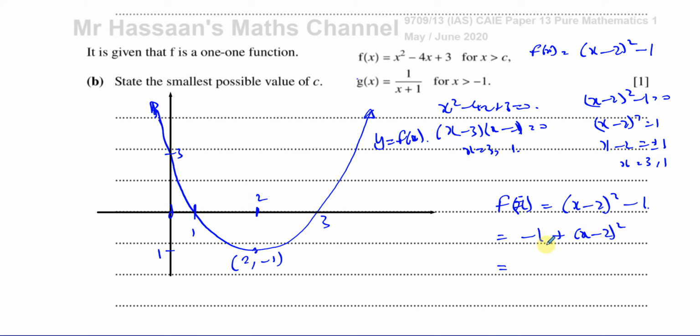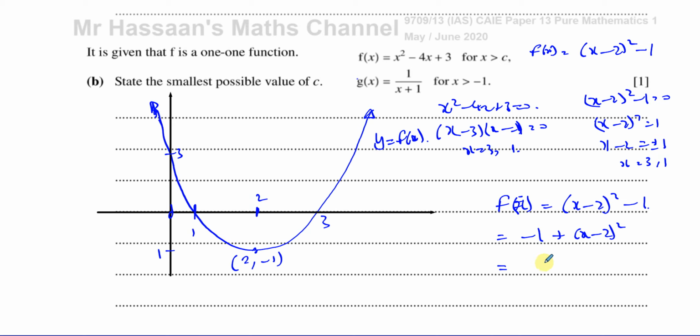So we can think about the value of this expression. You have minus 1 and you have plus something. And the thing that you're adding to minus 1 can never be negative because you're going to square that bracket. So whatever value of x you put in here, whether it's negative a million, positive a million, whatever it is, if it comes out as a negative inside the bracket, you square it, it's going to be positive.